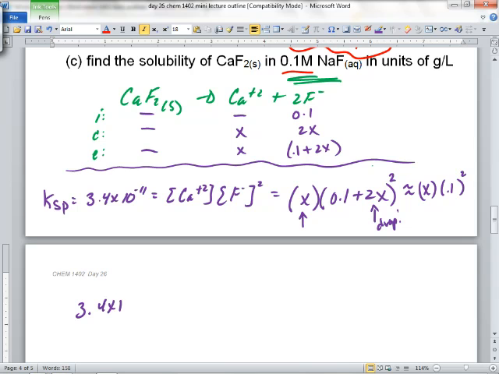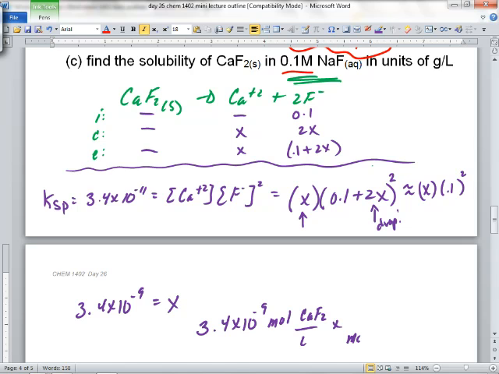3.4 times 10 to the negative 9 is my x, right? Convert that to grams per liter. Now that's moles per liter.